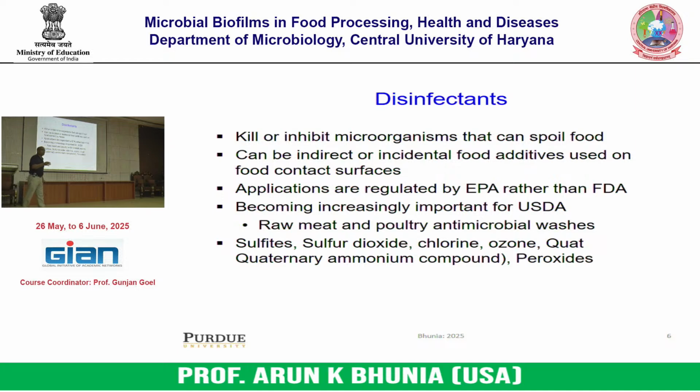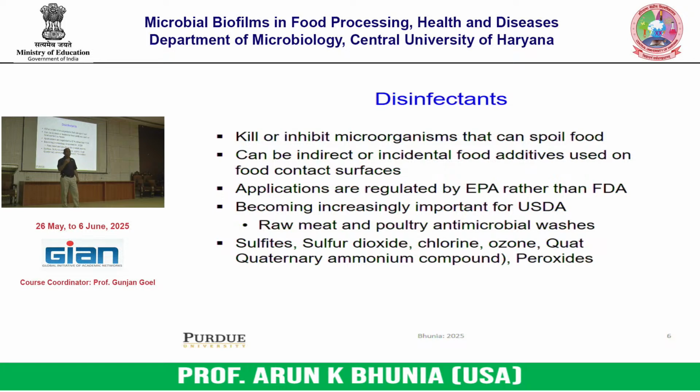We'll use low doses of chlorine, for example, or ozone, I mentioned, or acid, to control microbial growth on surfaces. If they are on the meat surface, can you use this washing to remove the biofilm? And so these have to be food grade, because we are all going to consume that afterwards, right?